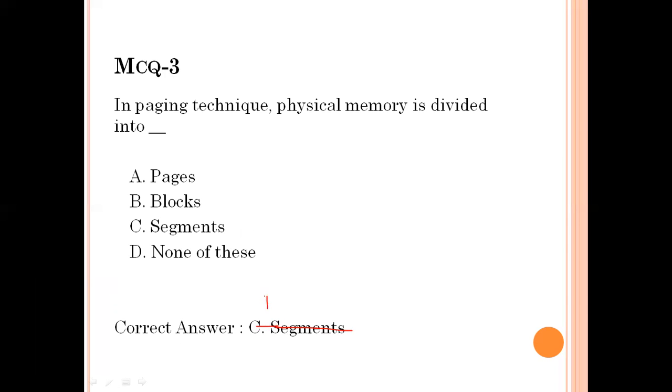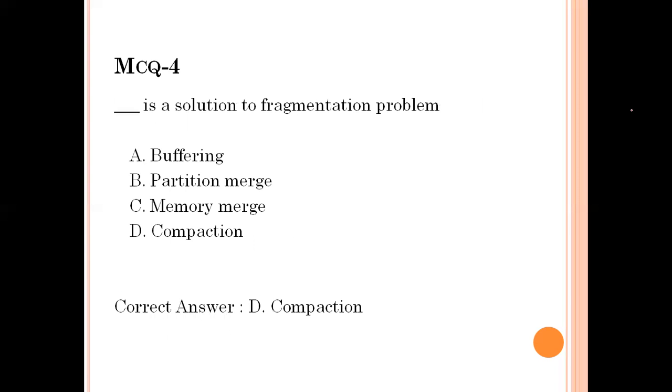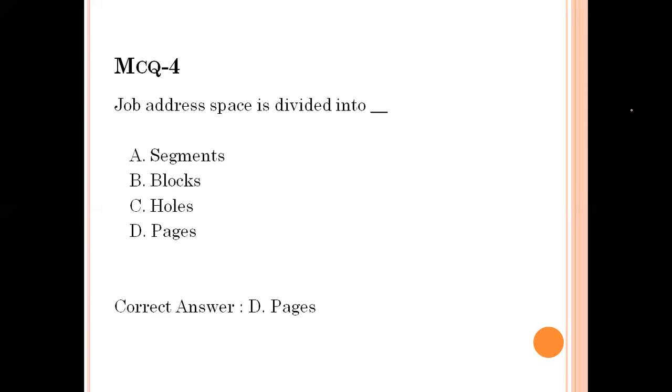Correct answer is B. A small correction, you can make it. Dash is a solution to fragmentation problem: buffering, partition merge, memory merge, compaction. So using compaction, we can avoid the fragmentation problem. The correct answer is D.